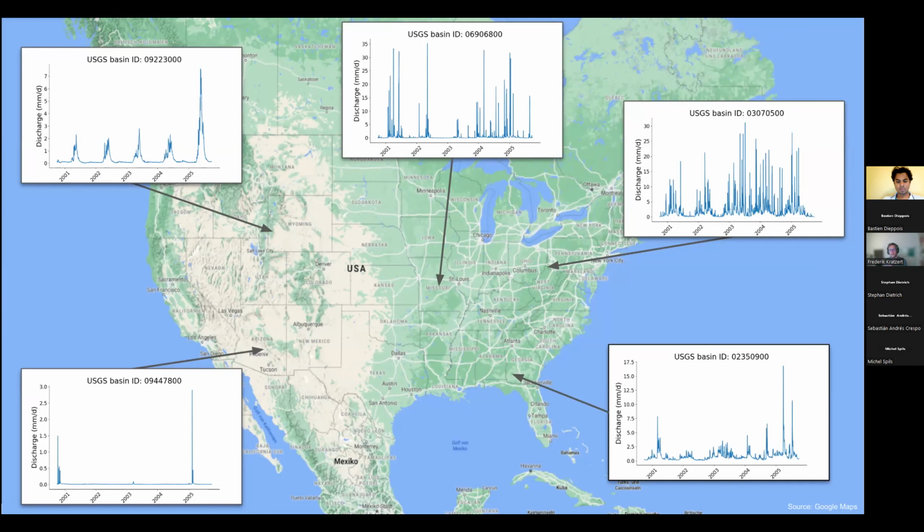You have very seasonal patterns in, for example, the Rocky Mountains, where you have very little discharge during the winter and then elevated discharge and peaks in the melting season. And you have a huge diversity of signals and hydrographs that are controlled by different processes that are important in all of these catchments. And now the thing is that if you want to model all of these rivers, your model needs to implement all of the important processes that control the discharge in these rivers.